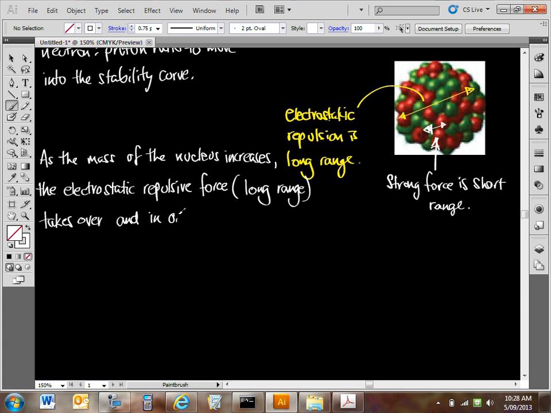And in order for the nucleus to be more stable, it needs more neutrons.